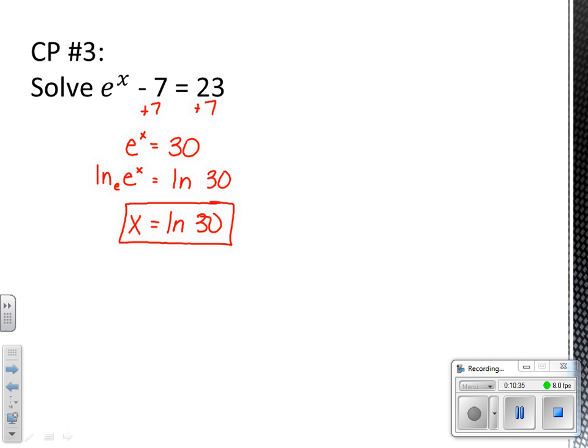So I would end up with a value for my x. I'm hoping that we can go through this for sure. We can have a big discussion about how I'm using that inverse property in reverse order here. It's about the best way to get that variable out of a power of a number. Because if I did the ln to both sides, I'm going to get to use that inverse property and put an x out.